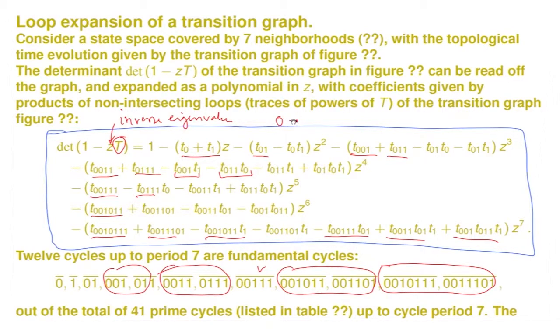So you solve the problem that determinant of 1 minus zT equals 0. But that's just roots of polynomials. And this polynomial is written explicitly here.